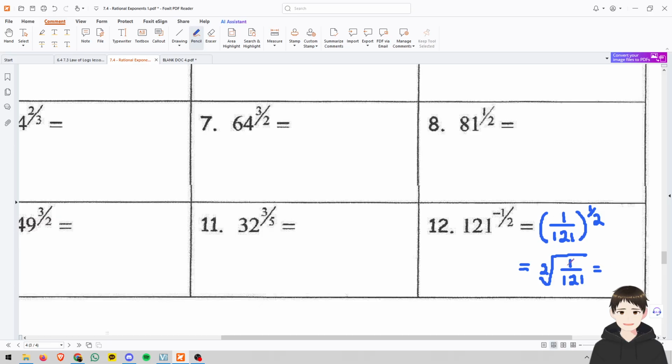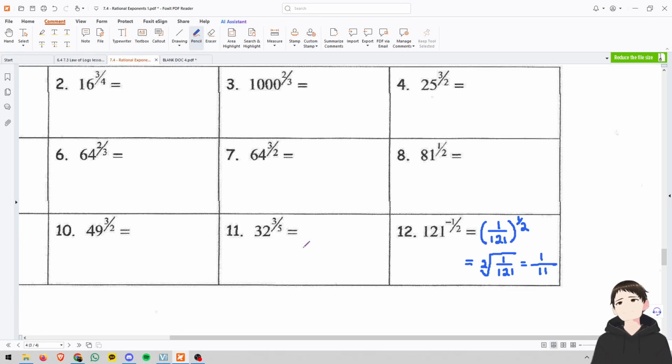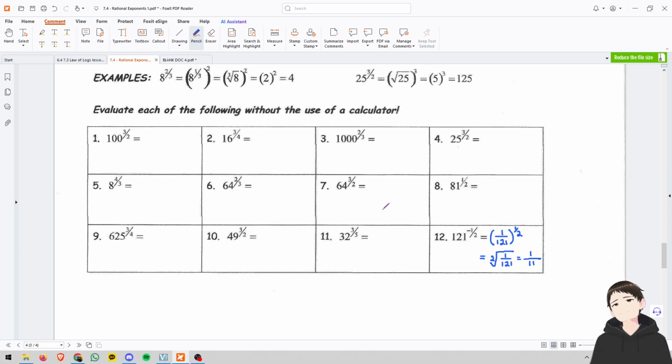Well, the numerator is easy. 1 times 1 gives you 1, so the square root of 1 would be 1. What times what gives you 121? 11. And that's the end of the question. It's not easy at first, but that's how much practice you will need to get the hang of it. And be efficient. Don't make careless mistakes.